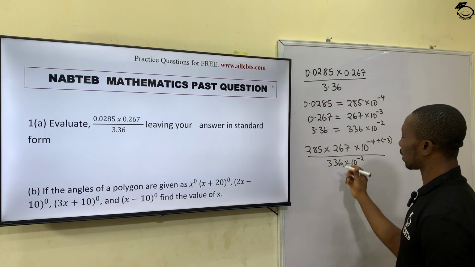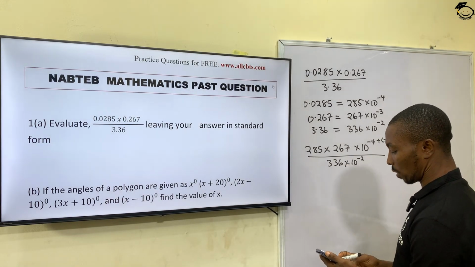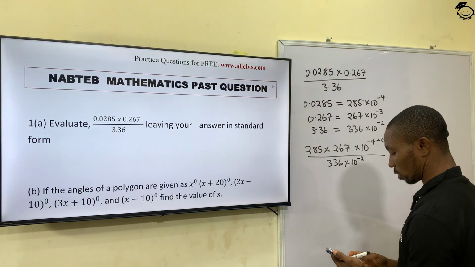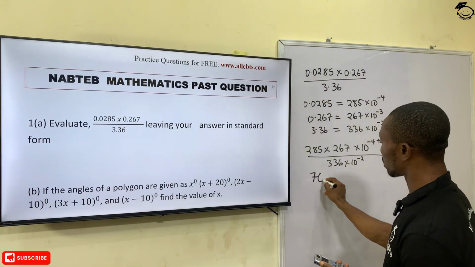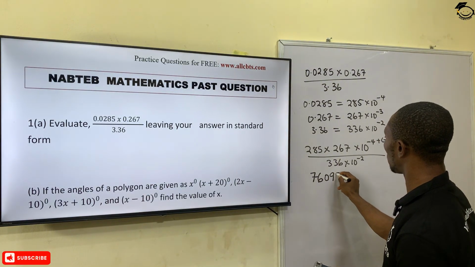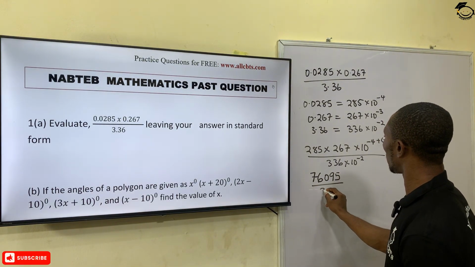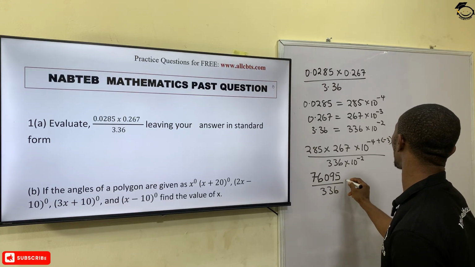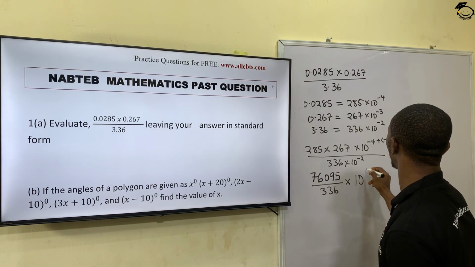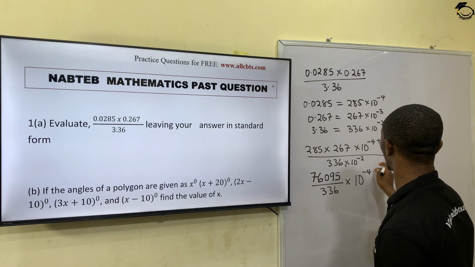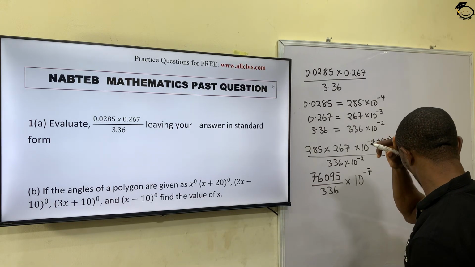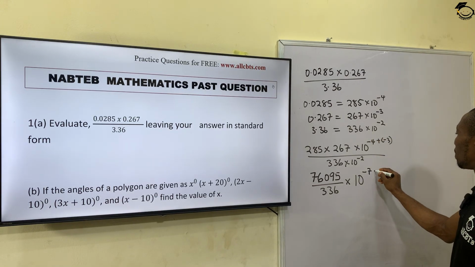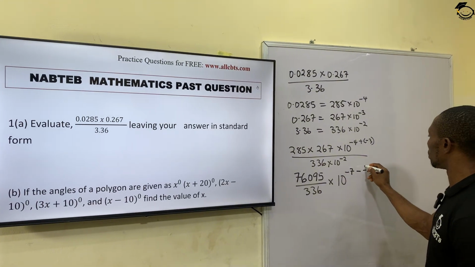Now multiplying this together, 285 times 267 would give us 76,095, divided by 336, times 10 raised to the power minus 4 plus minus 3, which gives us minus 7. Now because of this division, it will become minus 7 plus 2.